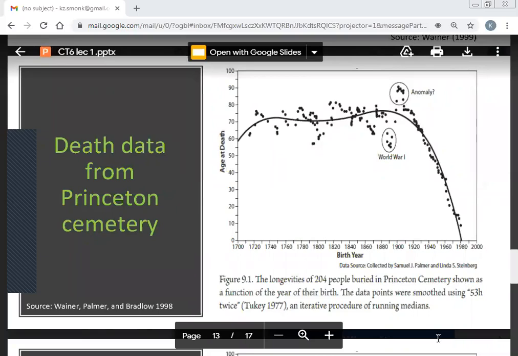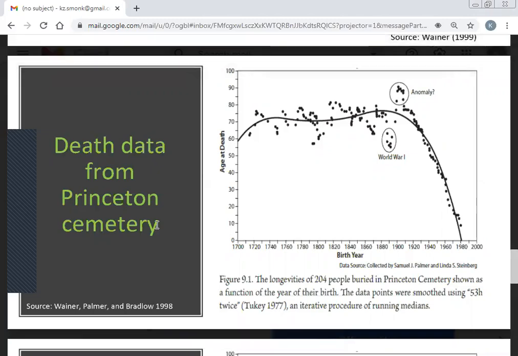Okay, let me just spot some particular things here. The thing that we were trying to study here is what is the average age of people born in these particular years when they die and they're buried in a particular cemetery, which is Princeton Cemetery.